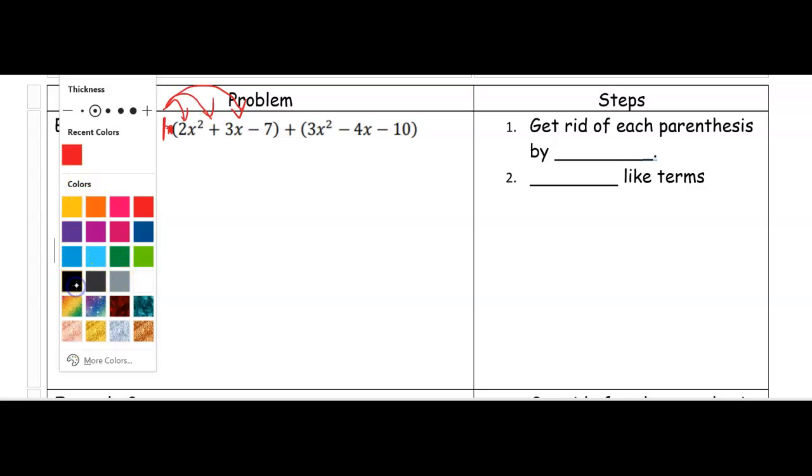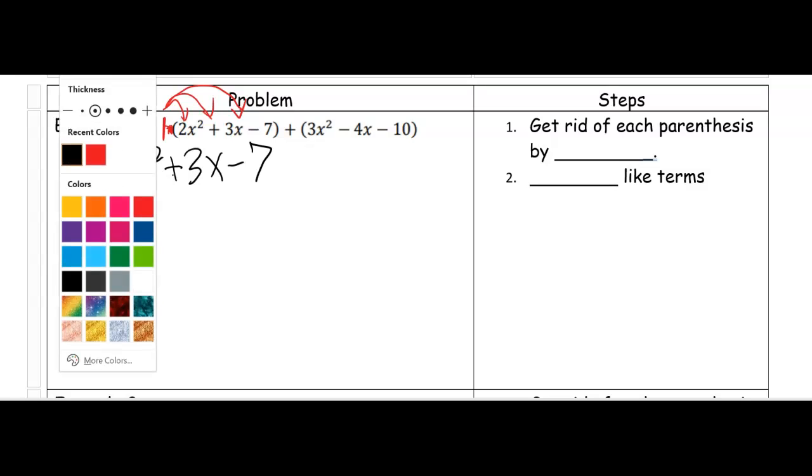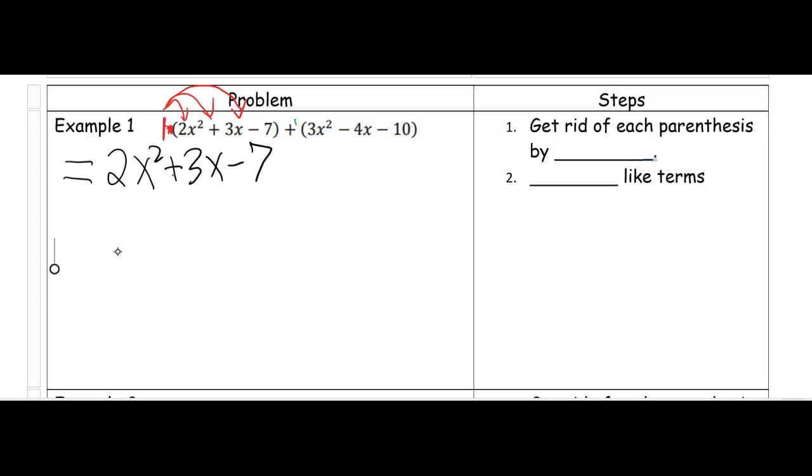Let's write it down. So it equals, to get rid of the first parenthesis, we can just take the inside out. And then we're going to get rid of the second parenthesis by distributing the number in the front. For the second parenthesis, the number in the front is still an imaginary positive 1.